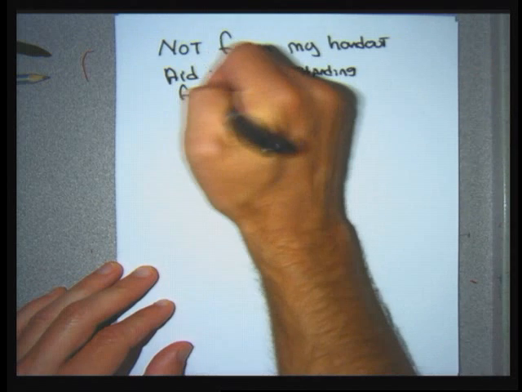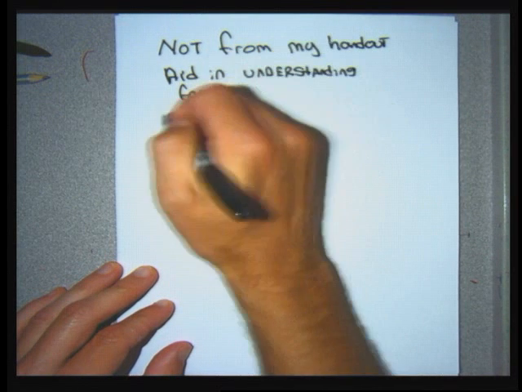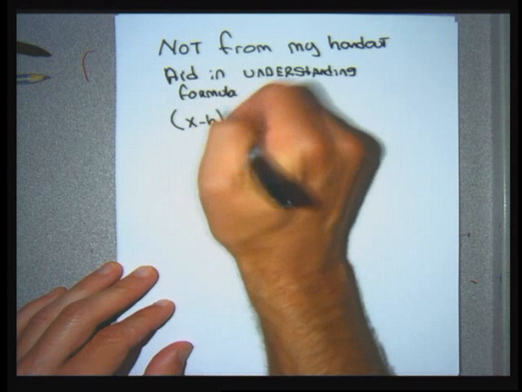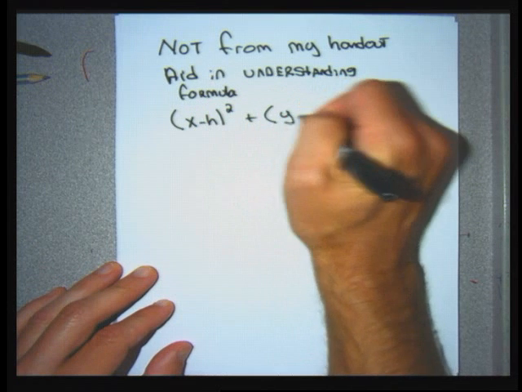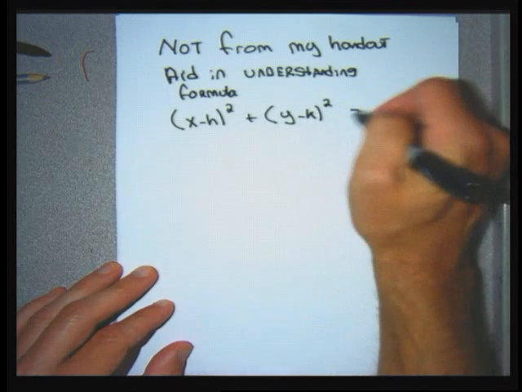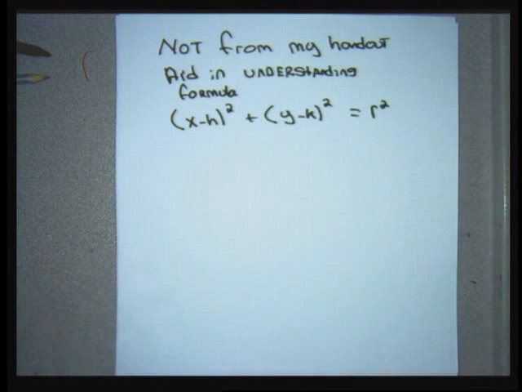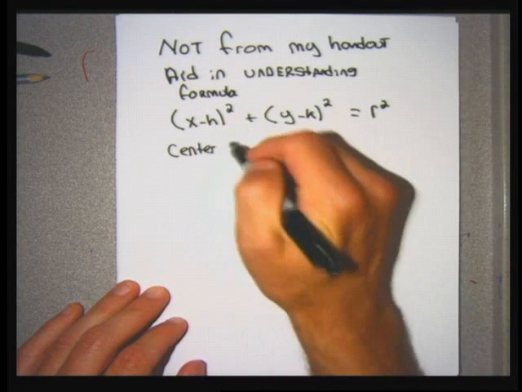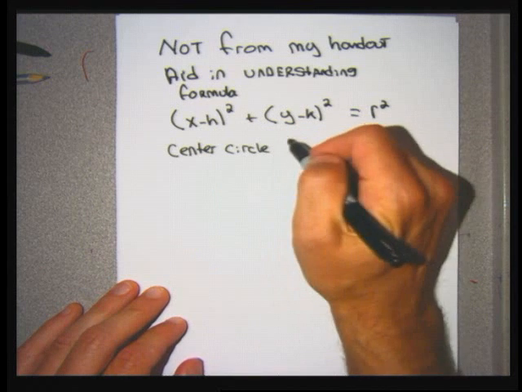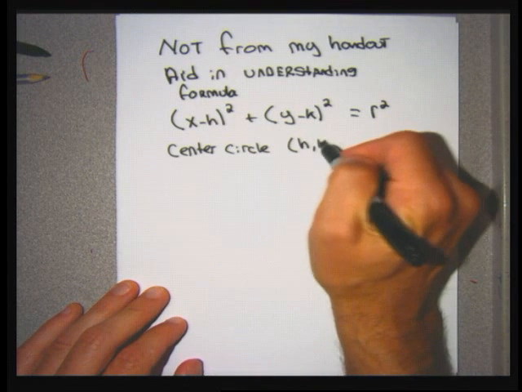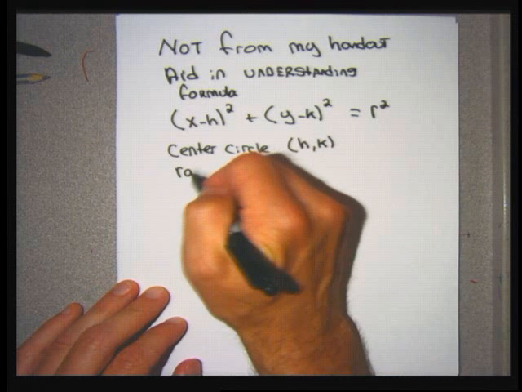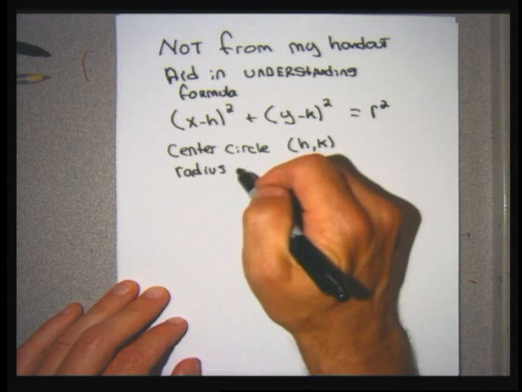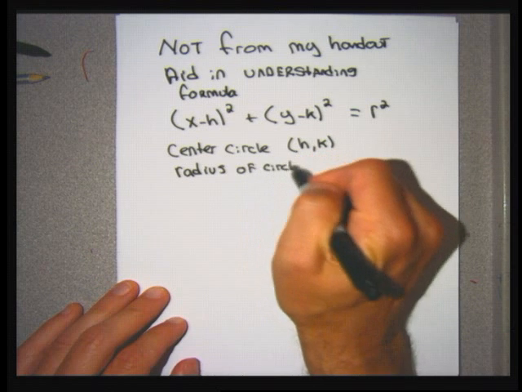Very specifically, this formula says that if I can write an equation with numbers for h and k and r in this form, then I can produce a graph of that, and the graph is going to be a circle. Very specifically, the center of the circle is going to have coordinates h comma k, and the radius of the circle, that's the distance from the center to one of the sides, is going to be r.